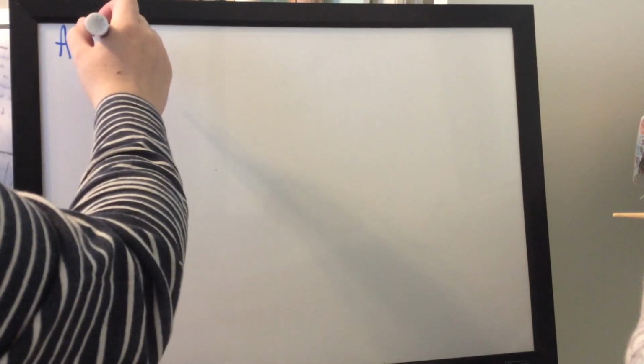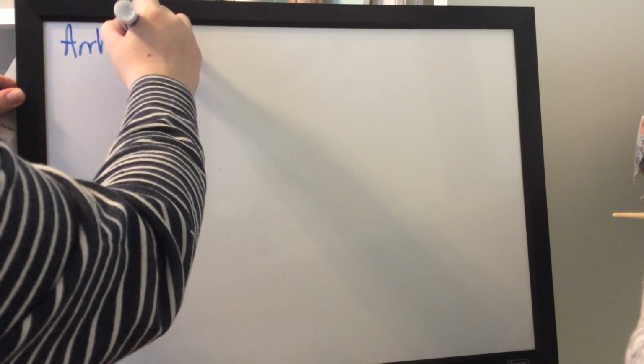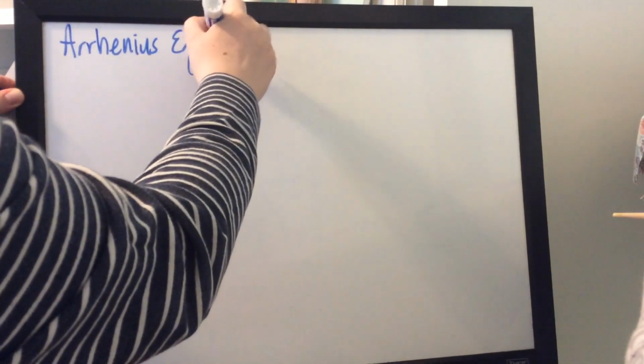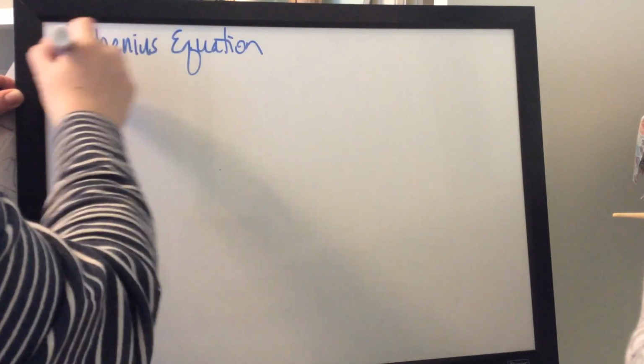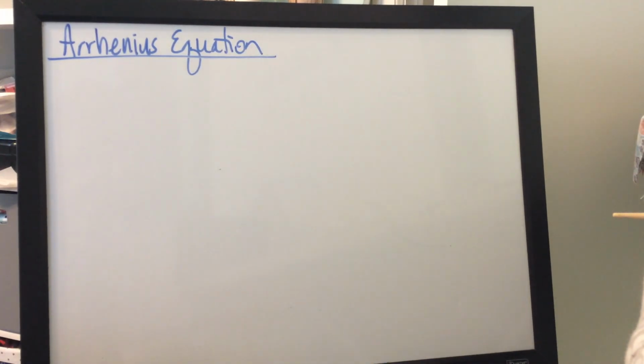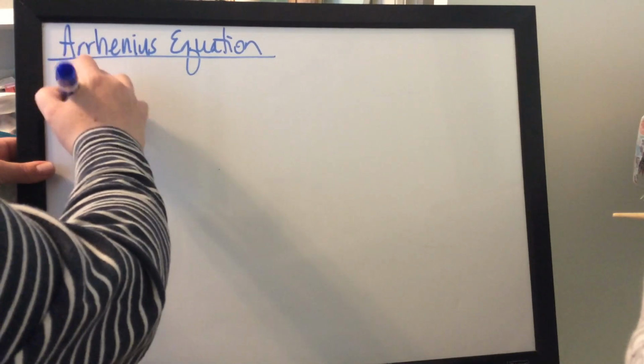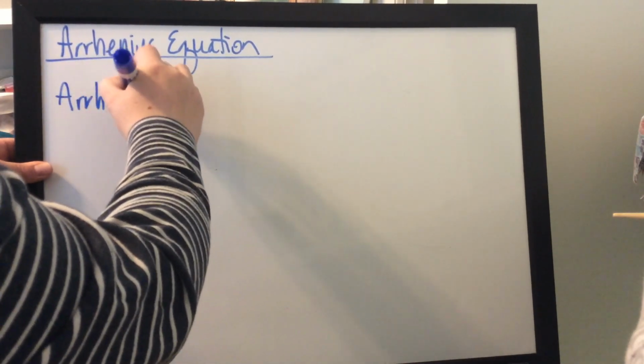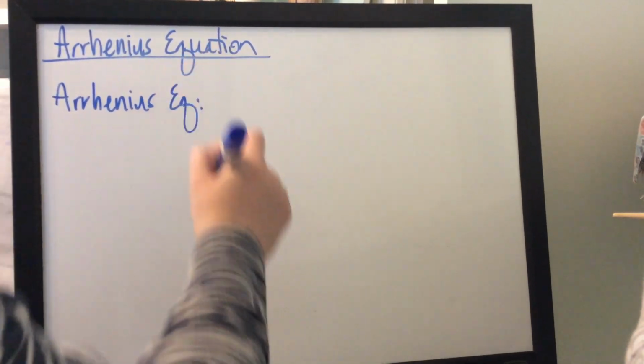On the next page, it says your heading is the Arrhenius equation. So we're going to get back into graphical interpretations of kinetics. And so there was a scientist by the name of Arrhenius, and he developed an equation that looks like this.